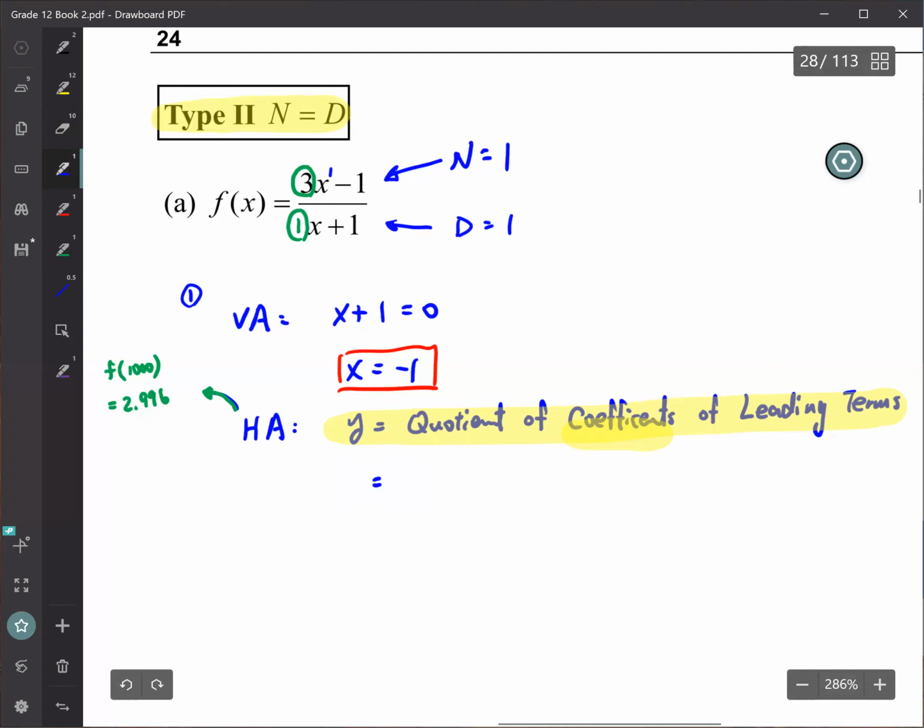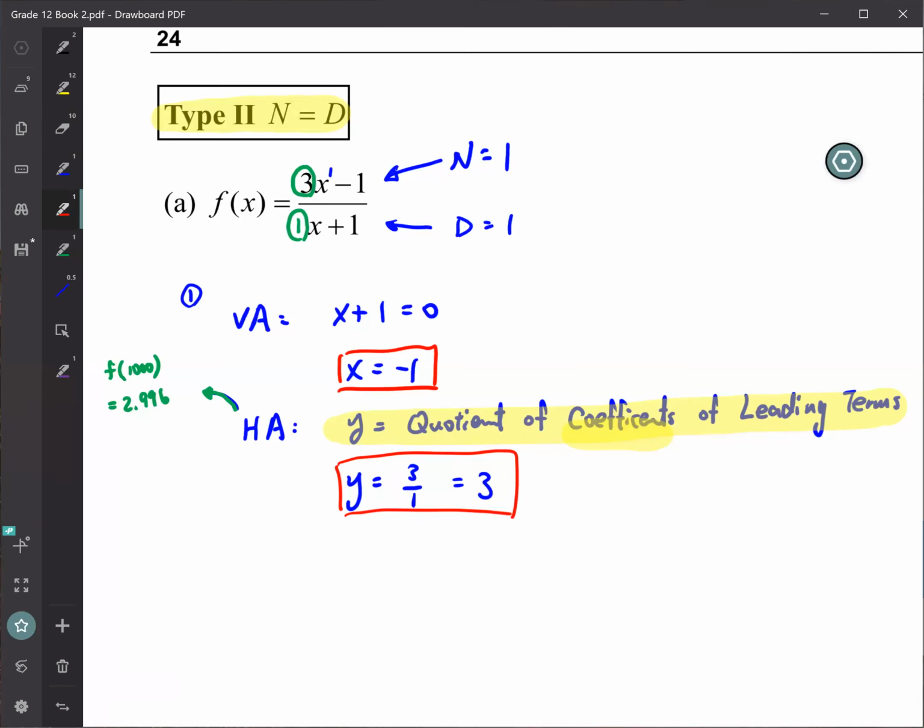It'll be y equals to 3 over 1, which is the 3. Okay, so that's another way to figure out the 3 without subbing in a big number. Okay, but either way works. If you like memorizing the rules, then you do it dividing with a coefficient, right?